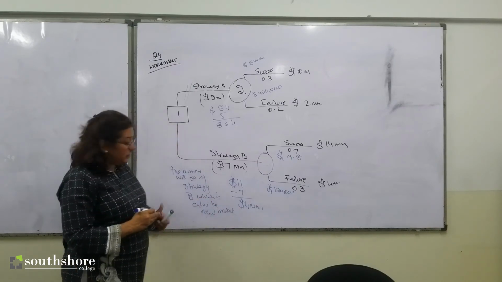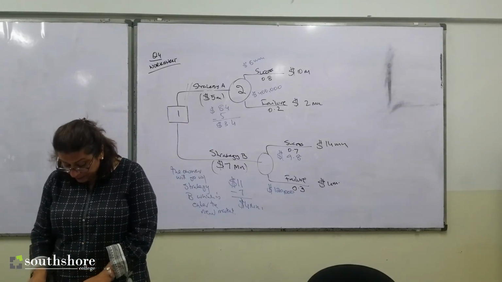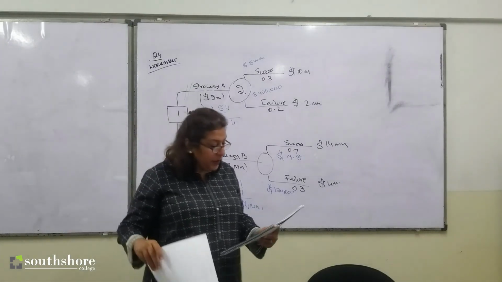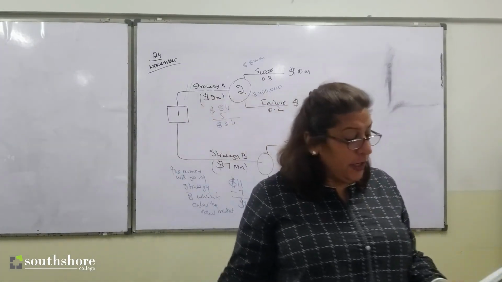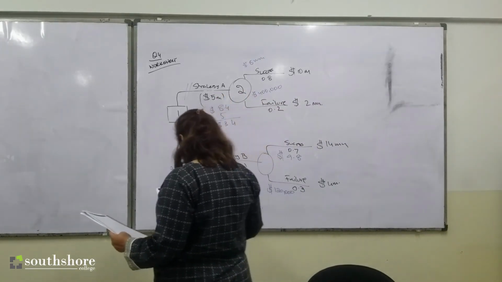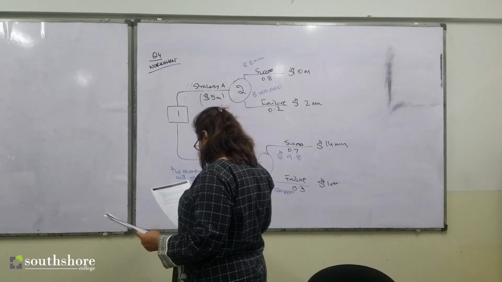Either way, whether he fails or succeeds, his returns are much higher. Well, after this, there were two little questions for chapter 39. We had to calculate, which was part 5, and then 6. What is the usefulness of the decision tree?